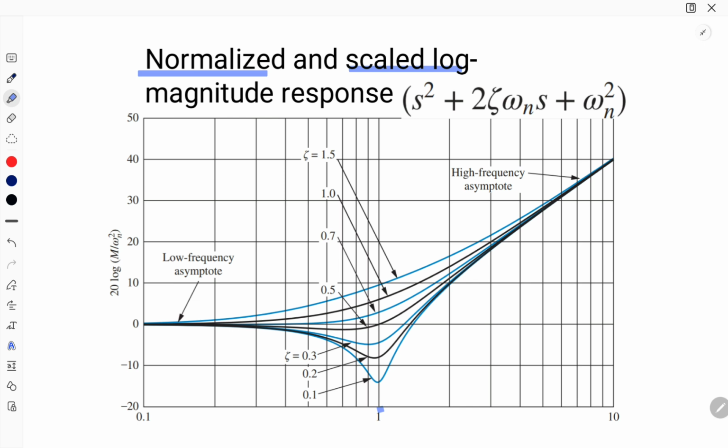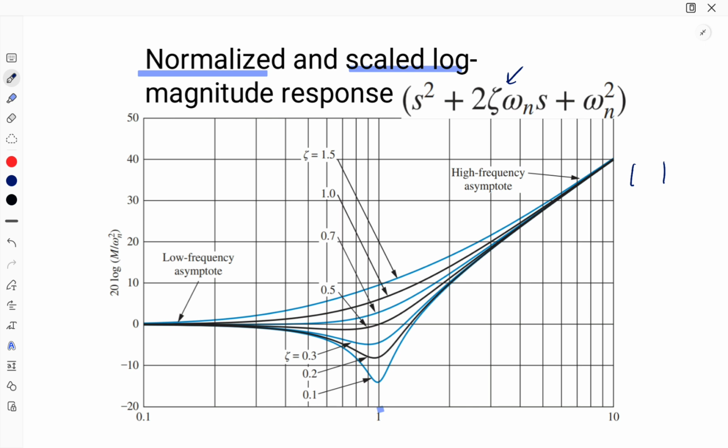So what are we interested in? So s squared plus 2 xi omega n. We do have something that depends on, this is coming from a table, but depends on the value of xi, and you'll end up getting all these. And remember the magnitude was omega n squared minus omega squared. That was a real portion. That total squared plus 2 xi omega n omega squared, and square root of it.